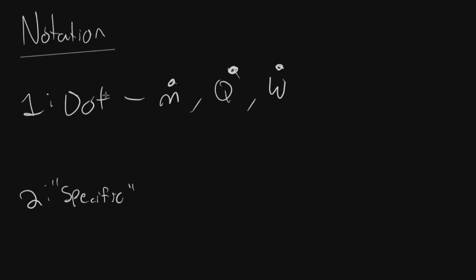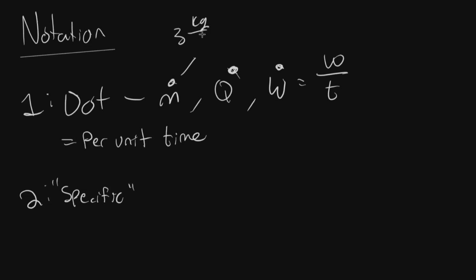All of these just mean per unit time. Sorry, I completely messed up there. Per unit time. So w dot means work per unit time. It's also called power. This should be a lowercase t, since capital T is for temperature. M dot would be mass per unit time, so this could be something like 3 kilograms per second. Q dot is basically the rate of heat added per unit time.